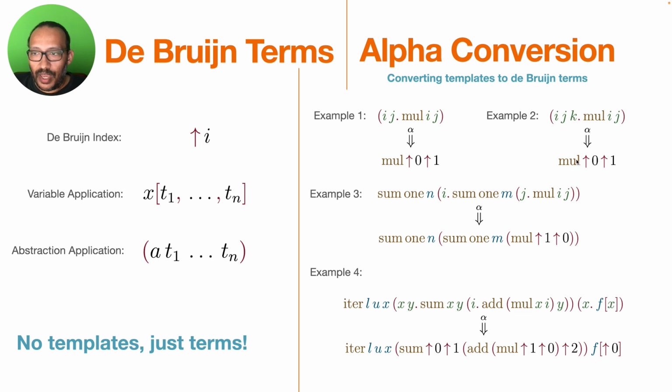So we cannot distinguish where these de Bruijn terms came from if we don't know the arity. We only know that these de Bruijn terms must come from templates that have arity at least 2. But it could be arity 3, 4, 5, anything really, greater or equal to 2.